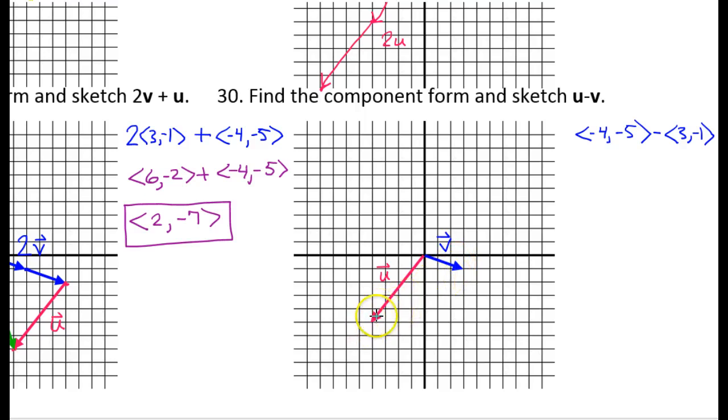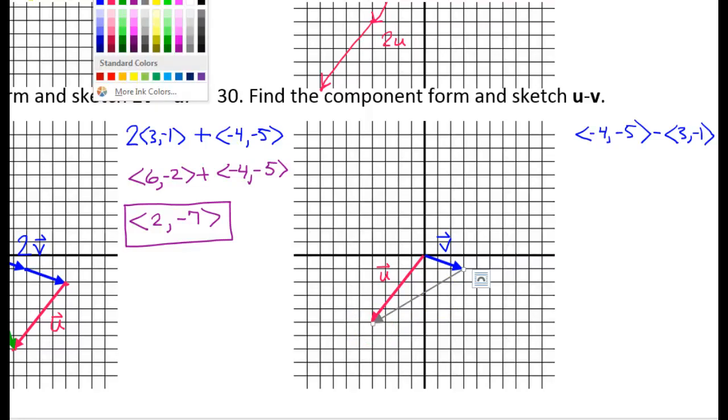It's just a matter of which direction to draw the vector. And it's simply the opposite direction from the way it's written. When you write u minus v, the resultant vector actually goes from v to u. All right, so I'm just going to go from the end of v to the end of vector u, terminal point to terminal point. So this is my resultant vector.